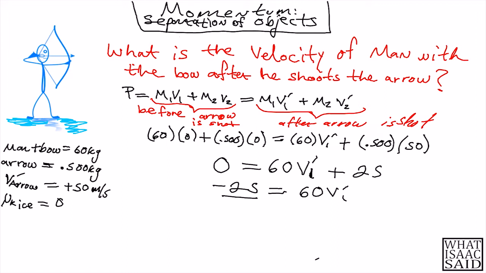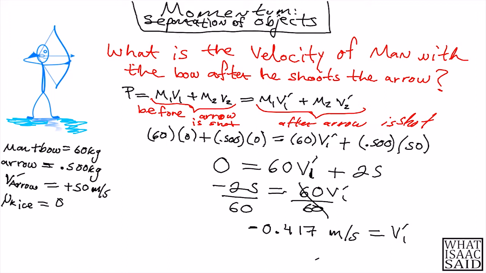So I'm going to divide by 60 here, and that should give me minus 25 divided by 60, which is approximately minus 0.417 meters per second. That is equal to the velocity of the man after he shoots it.